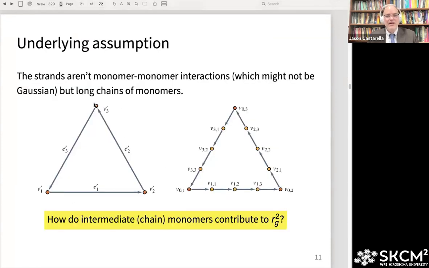But the junctions aren't the only monomers. The junctions are connected by chains of monomers. And these intermediate chain monomers on the right, they all contribute to the radius of gyration. So the question is, how do they contribute to the radius of gyration?